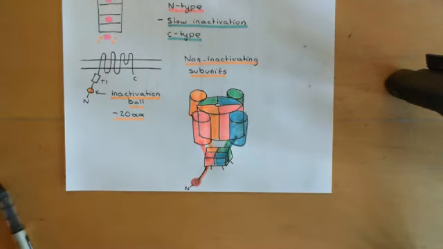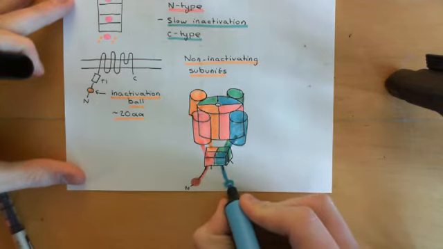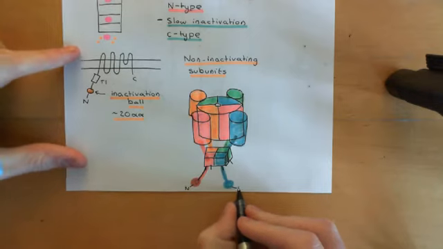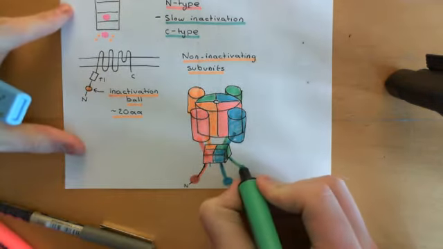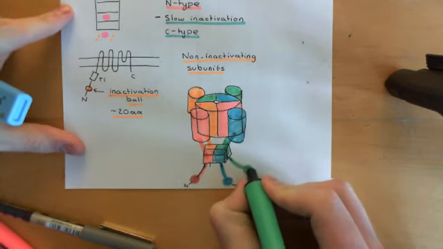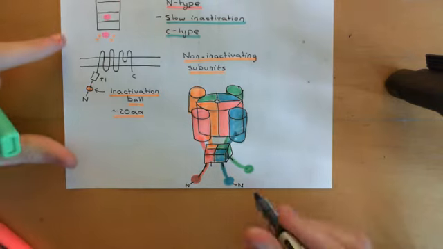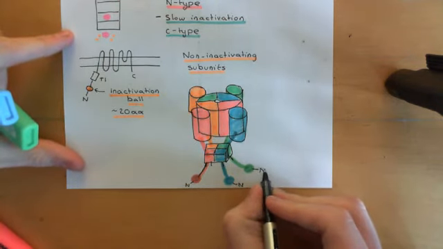Okay, in addition we'll have it for the blue subunit here. Here is its inactivation ball, like so, and here is its N terminus. Continuing on, we'll do it for the green subunit here. Okay, here is its inactivation ball. Okay, after the T1 tetramerization domain, or of course you could view it as before the T1 tetramerization domain.